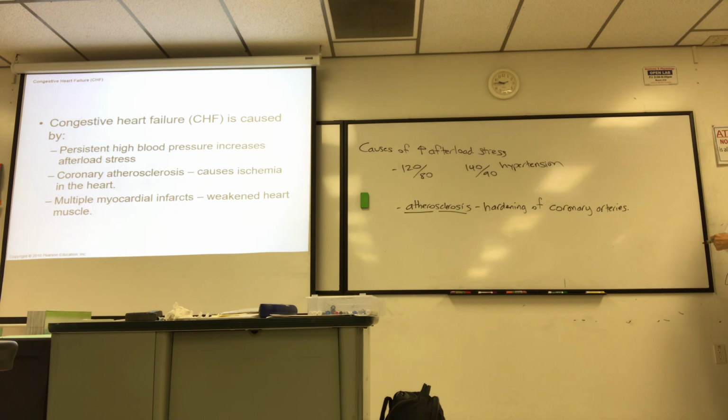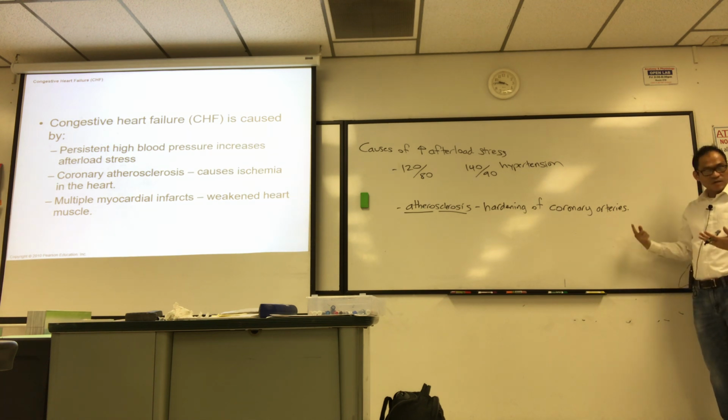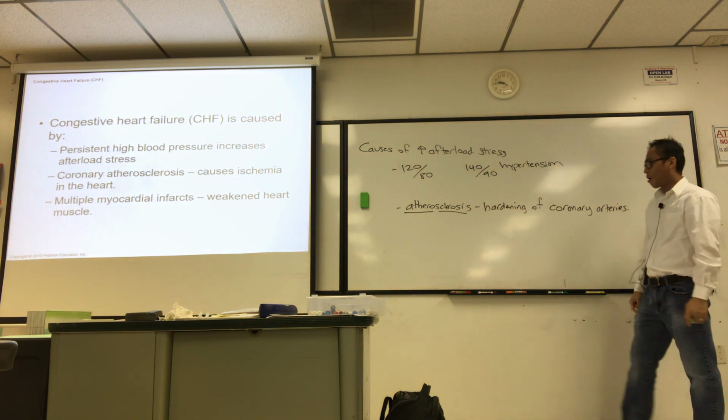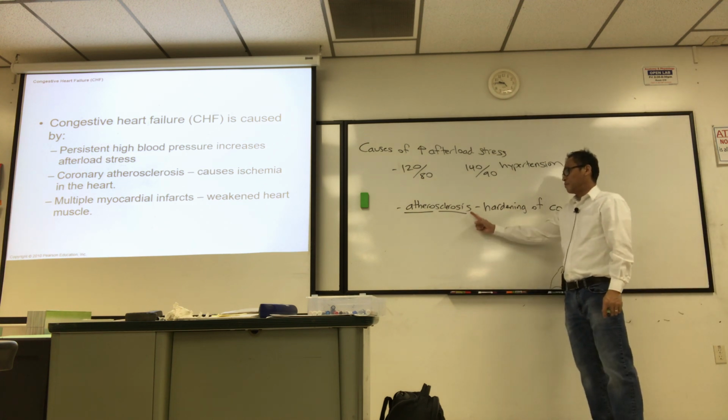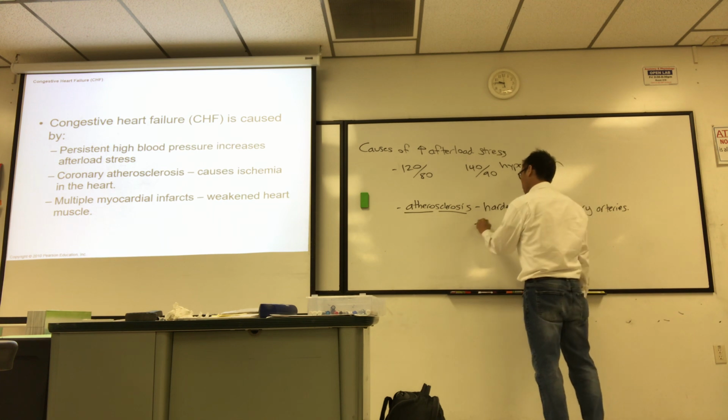With poor lifestyle over time, high cholesterol deposits, LDL cholesterol deposits can deposit in the arteries that supply blood to the heart. And over time they can calcify, they can become hard. And it makes the heart very weak. It can make the heart ischemic.